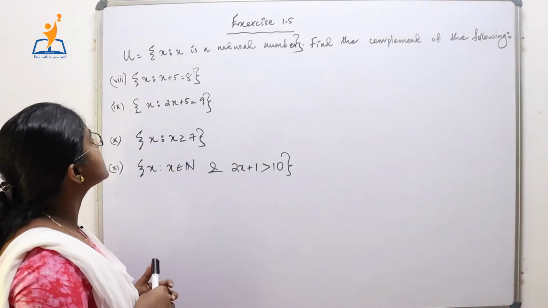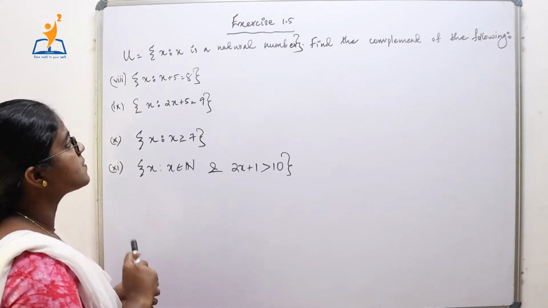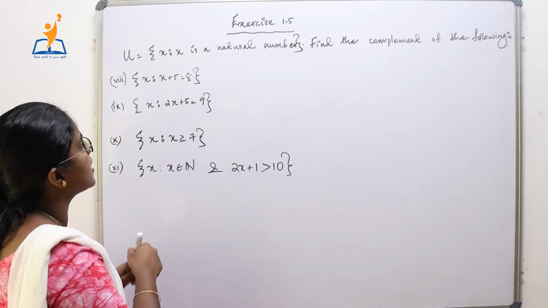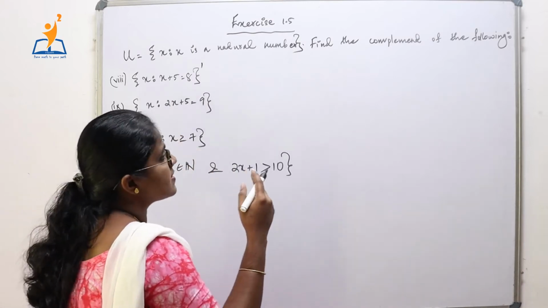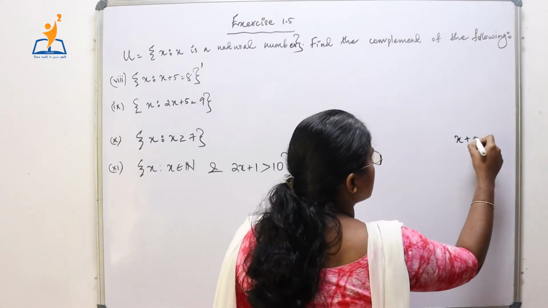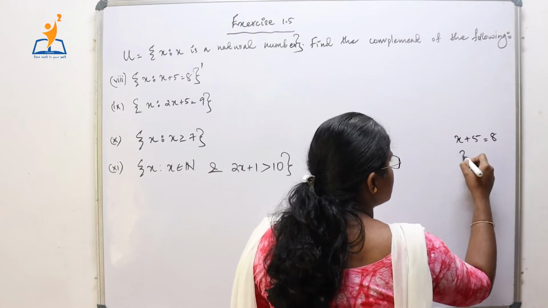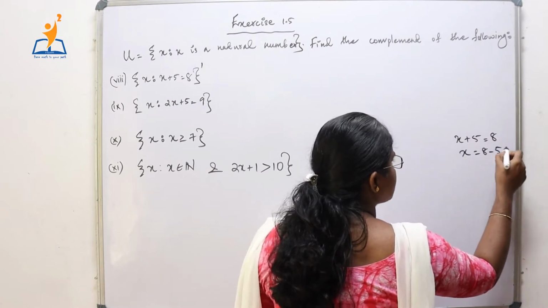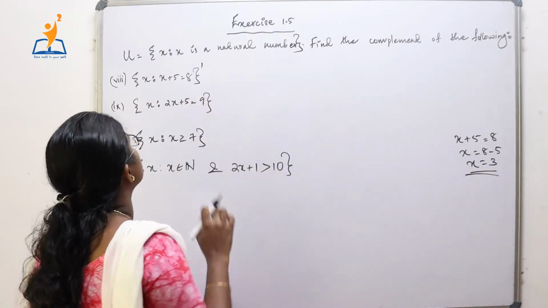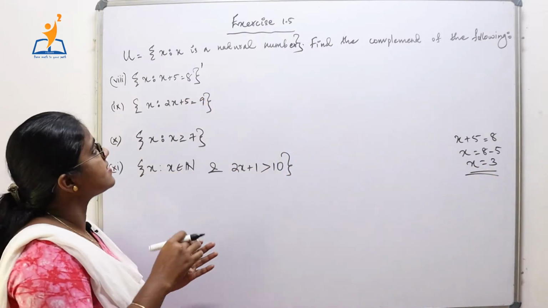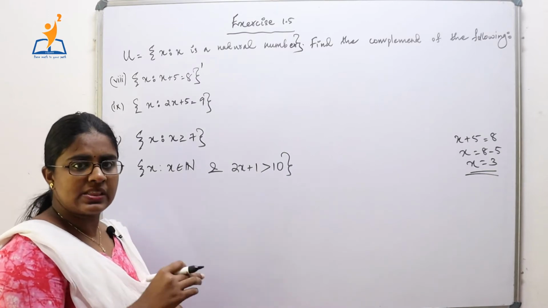Now, the 8th question is the set of all x such that x plus 5 equals 8. We want to find the complement of this set. This set is the set of all x such that x plus 5 equals 8, which means x is equal to 8 minus 5, which is 3. So, the particular set contains the set of all x such that x is equal to 3.